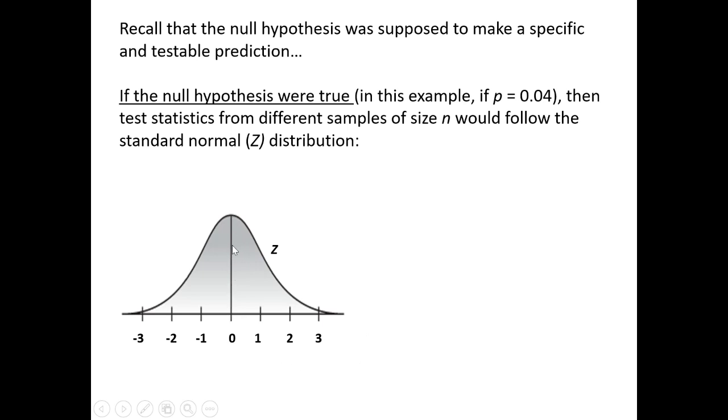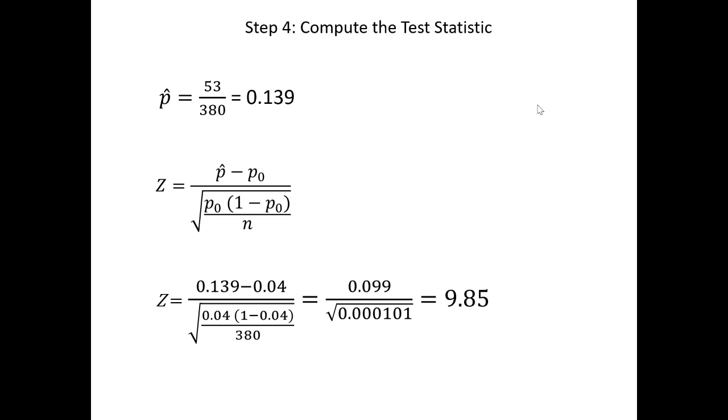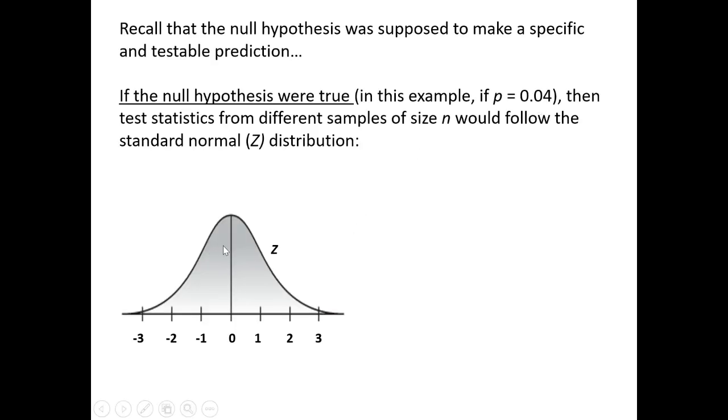On average, we'd obtain a z-score of 0. That would happen if we had 0.04 minus 0.04 on top of that fraction here. Sometimes we'd get a little above just due to chance. Sometimes we'd get a little below due to chance. But we're going to look at our sample data and see, is it notable in the direction that we predicted?